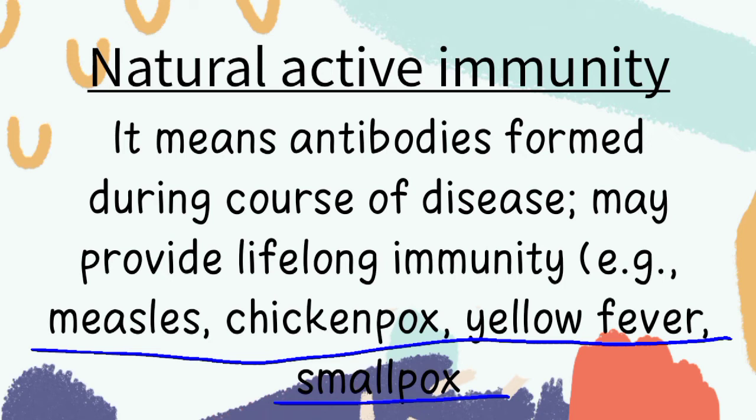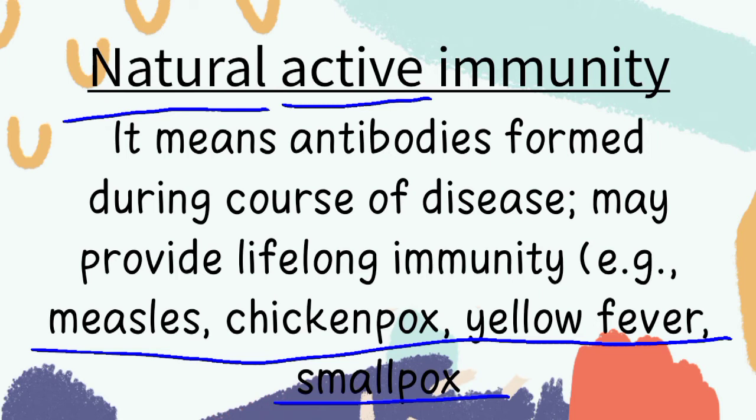When you hear the term natural in immunity, natural means it's being produced by the body. Active means it has a long lifespan, it lasts for long. So the natural active immunity means antibodies formed during the course of disease may provide a lifelong immunity, and it occurs for measles, chickenpox, yellow fever, and smallpox.